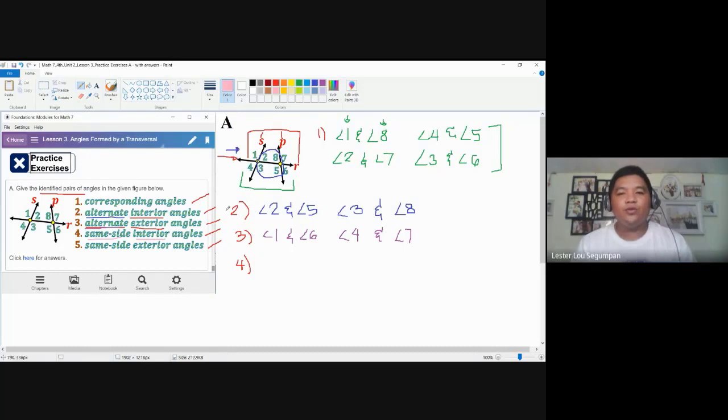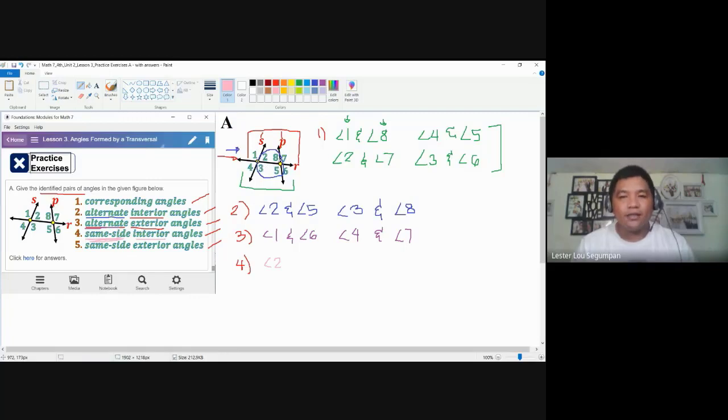So we are going to go back to angles 2, 8, 3, and 5 because they are the angles found in the interior. But the consideration here is they must be found on the same side. If we pick angle 2, the angle to be paired with this to be considered same side interior angles could be angles 3, 5, or 8.